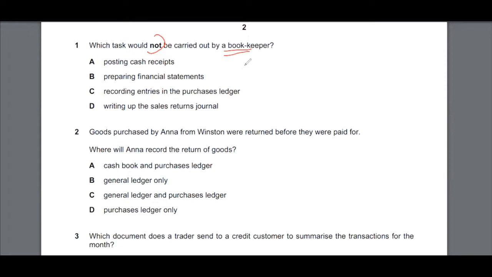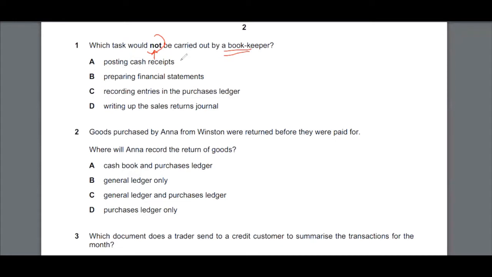You can always Google it. In this video, we will solely focus on solving the multiple choice questions and understanding how to answer them during the exam. The question focuses on the "not" part, so we have to spot which of the duties will not be performed by the bookkeeper.